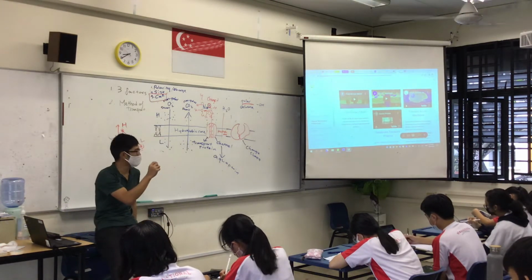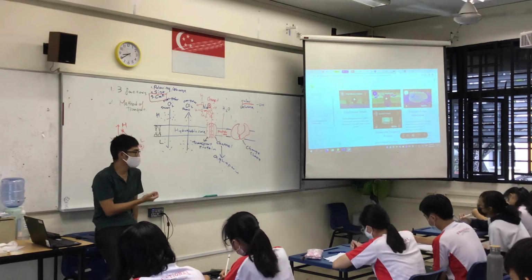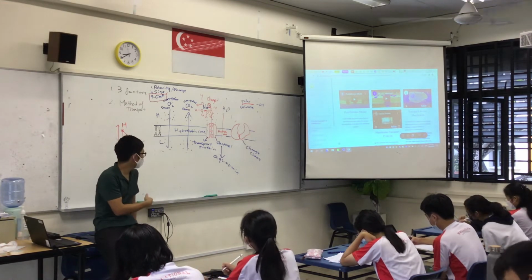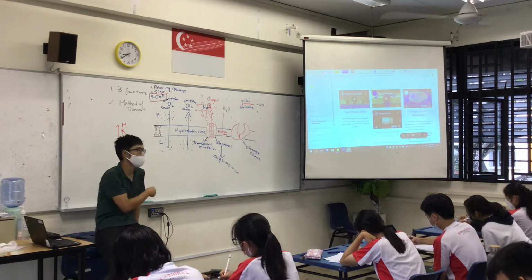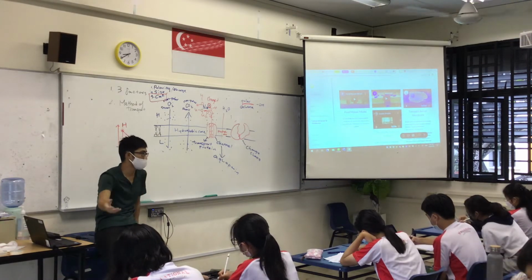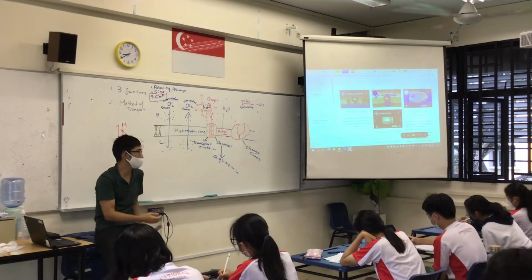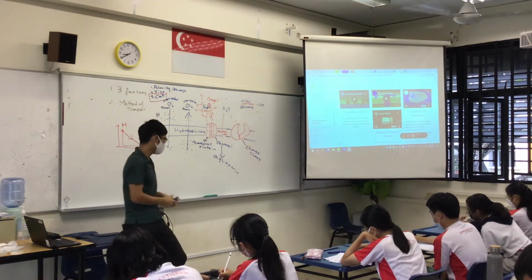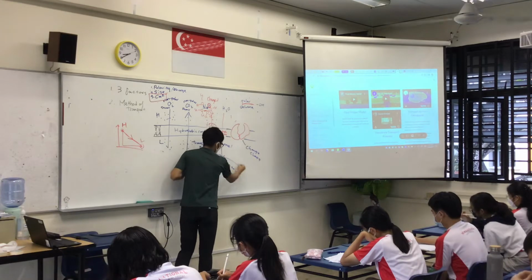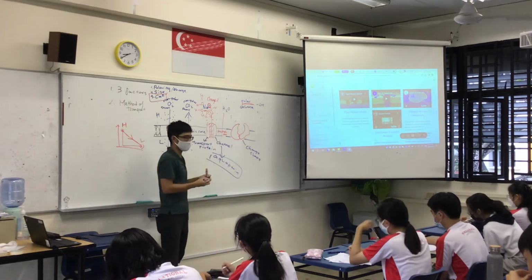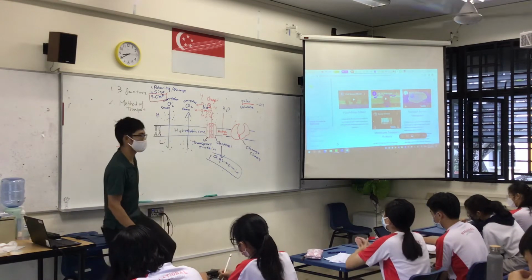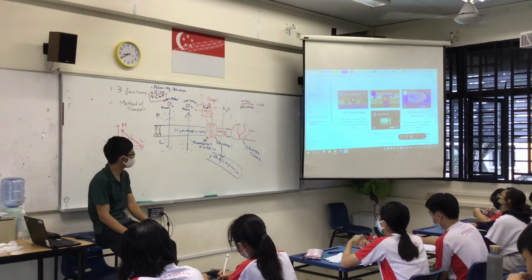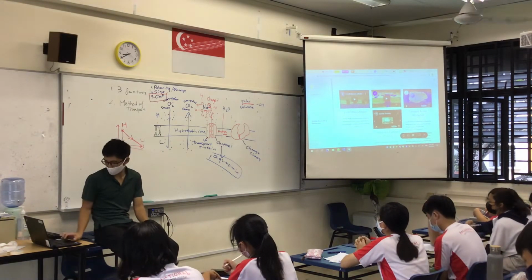Sometimes you will know whether it is a carrier or a channel. As the biology chapters unfold, we will sometimes tell you exactly what kind of protein it is. For example, there's one you need to know by now. Water requires a channel protein called aquaporin. As we move on, you will slowly see other kinds of proteins.